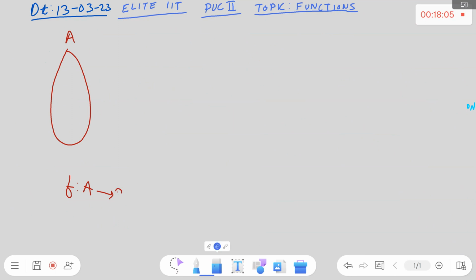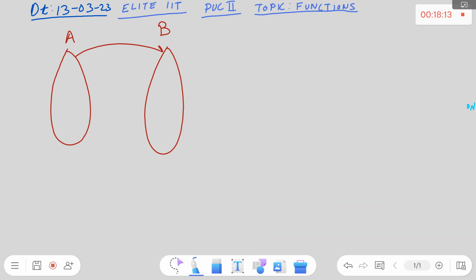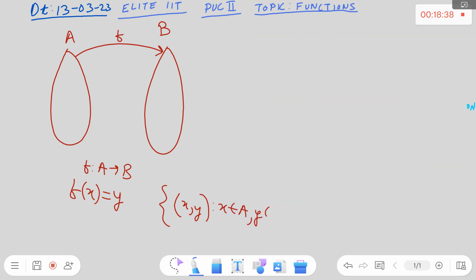Now, suppose we have function. Let us see various types of functions. We have function f going from A to B. So f is a function which will be defined as going from A to B such that f of x equal to y. And this will be denoted by the set of all ordered pairs x comma y such that x belongs to A, y belongs to B, and f of x equal to y.